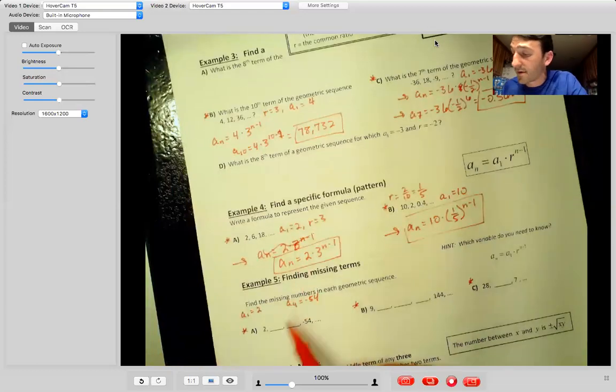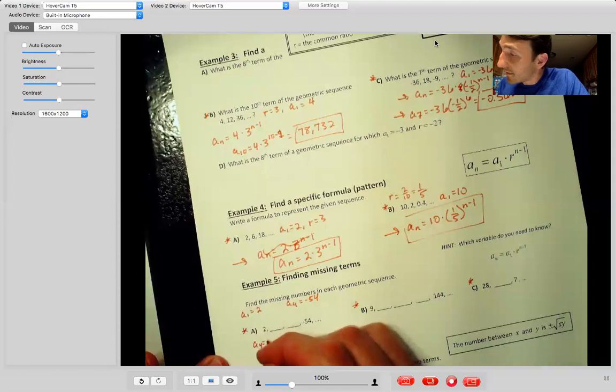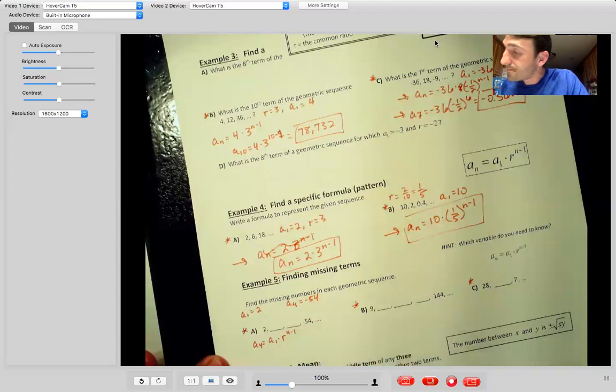So we're going to solve for R. Let's see how we can set that up. We're going to say basically A sub 4 is equal to A sub 1 times R to the power of 4 minus 1.